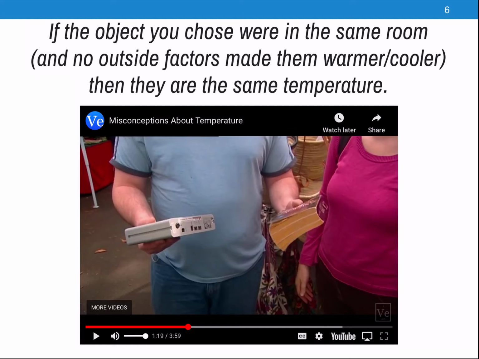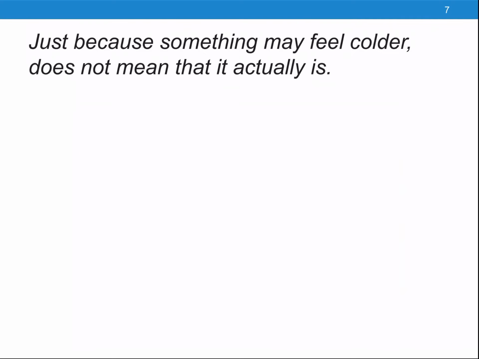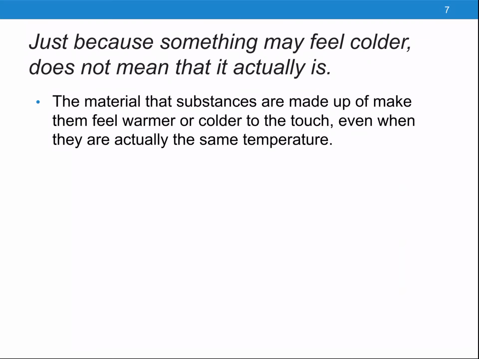As long as there are no outside factors, everything in the same area should be the same temperature. So just because something feels colder does not mean that it actually is.